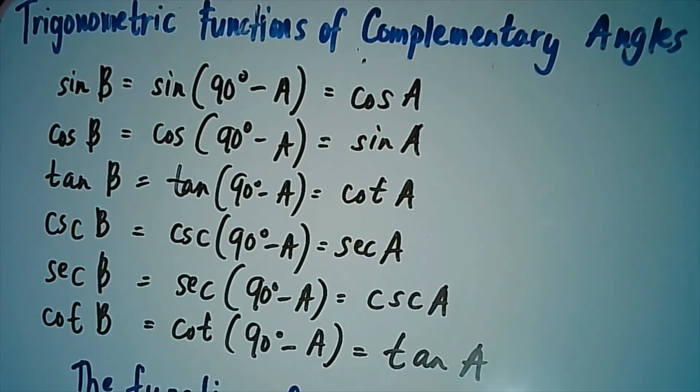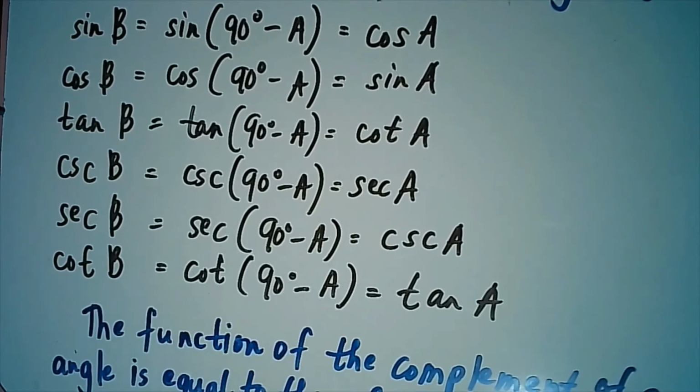Cosecant B is equal to cosecant 90 degrees minus A, which is equal to secant A. Secant B is equal to secant 90 degrees minus A, which is equal to cosecant A. Cotangent B is equal to cotangent 90 degrees minus A, which is equal to tangent A. We can say that in any pair, either function may be called the co-function of the other.